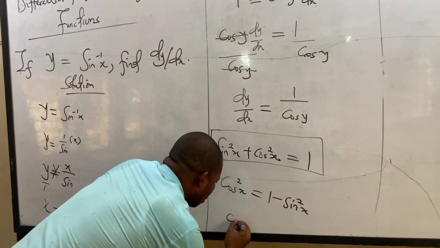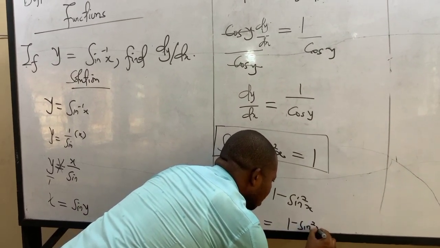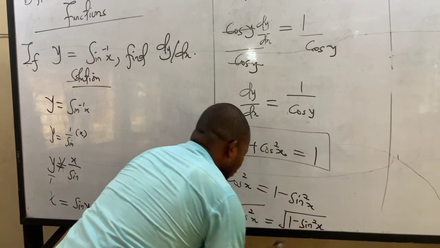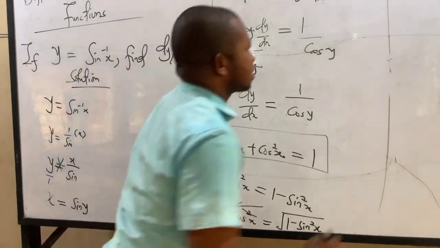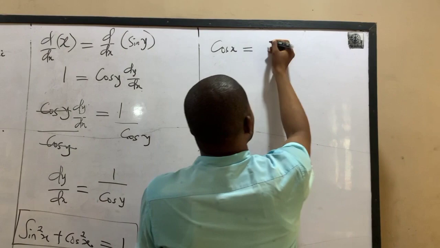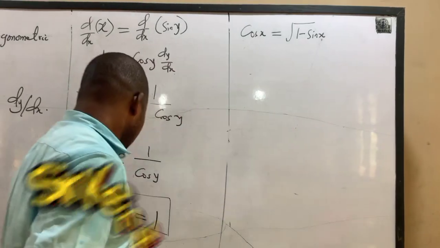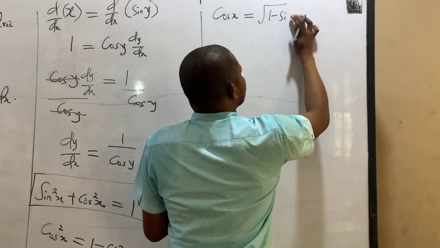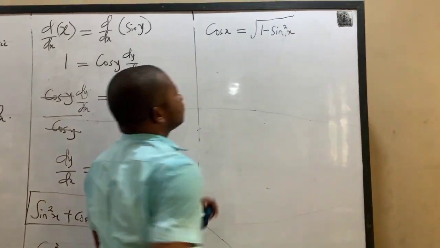The square cancels out the square root, so I'm left with cos x is equal to root of 1 minus sine square x.